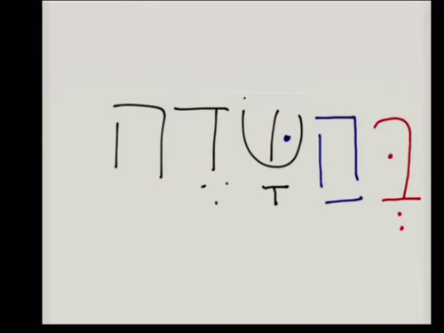You can see here on the screen that there are now 3 words, 2 of which are prefixed to the noun sadeh. There is number 1, the inseparable preposition bait, number 2, the definite article, and number 3, the noun sadeh, in the field. Now here's the trick.